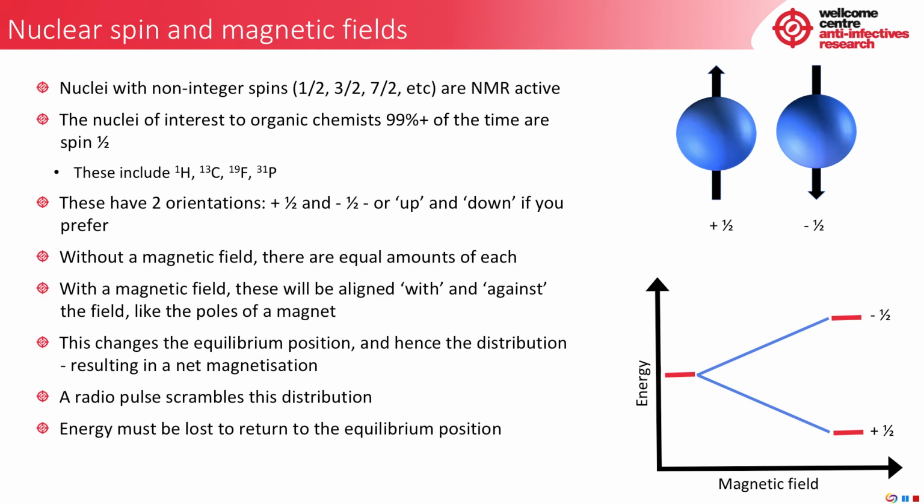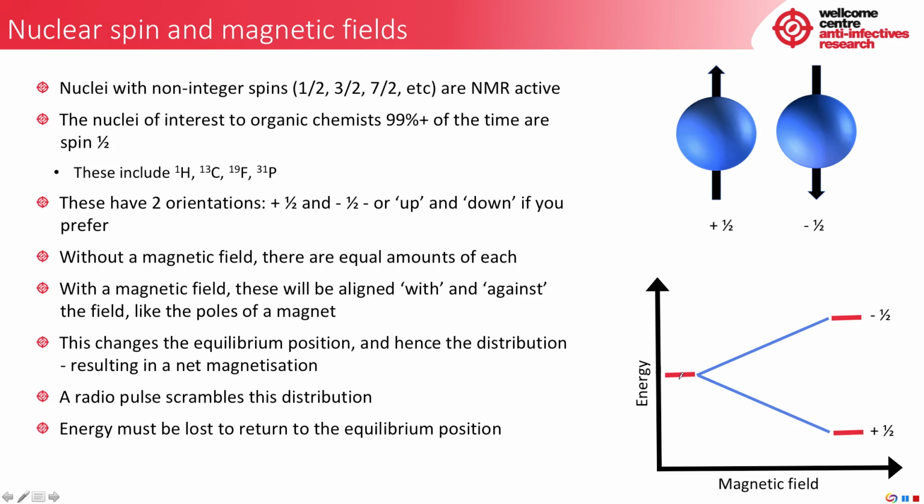A spin a half nucleus has two orientations, plus a half and minus a half, up and down if you prefer. In the absence of a magnetic field, there are equal quantities of each. In the presence, however, of a magnetic field, these are aligned with and against the field, like the poles of a magnet.